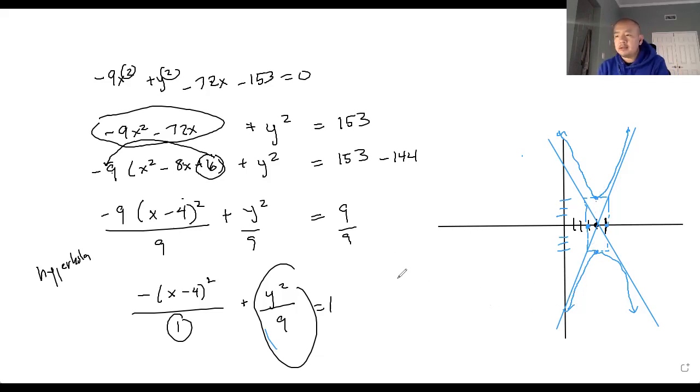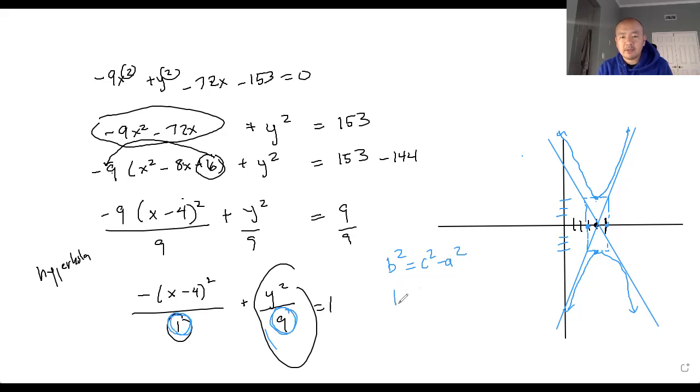So remember that for hyperbolas, it's b squared equals c squared minus a squared. Also remember that the a is the major axis. So this is the a squared right here, and this is the b squared here. Then we'll get c.